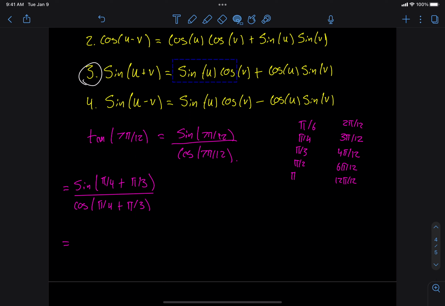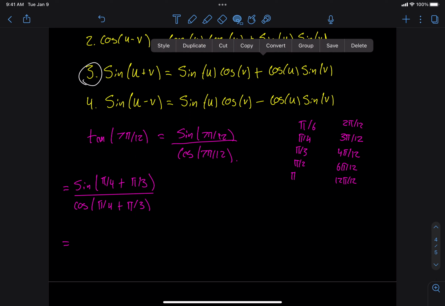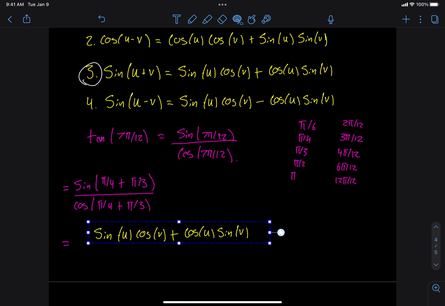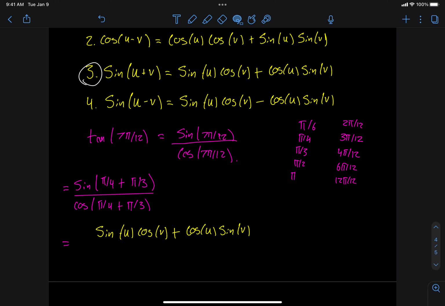So I'm just going to copy the right-hand side of this and paste it here. That'll be our numerator. Except, what is u going to be? U is going to be pi over 4, and v will be pi over 3. So I need to go pi over 4, pi over 3, and then pi over 4, and then pi over 3. Okay, and that's my numerator.